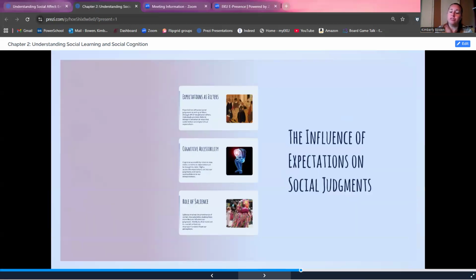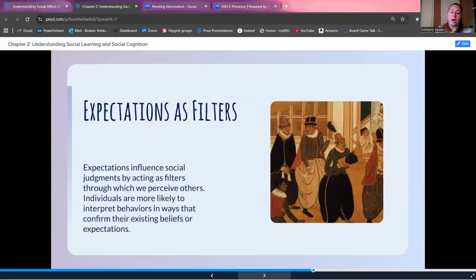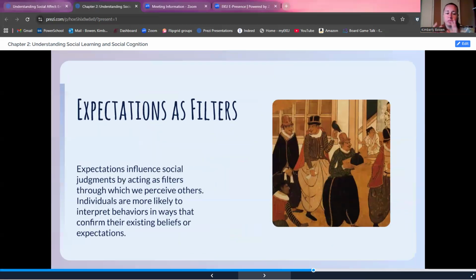All right. So several things influence our expectations and our social judgments. We use expectations as kind of filters, right?